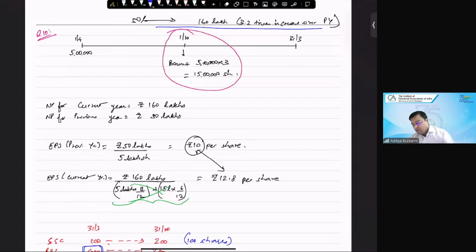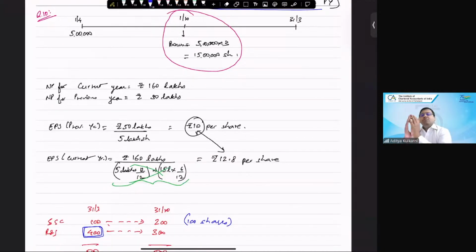Perfect. So now, what did I do? Bonus के केस में, what are the changes that you saw in the calculation of equity shares, weighted average number of equity shares?